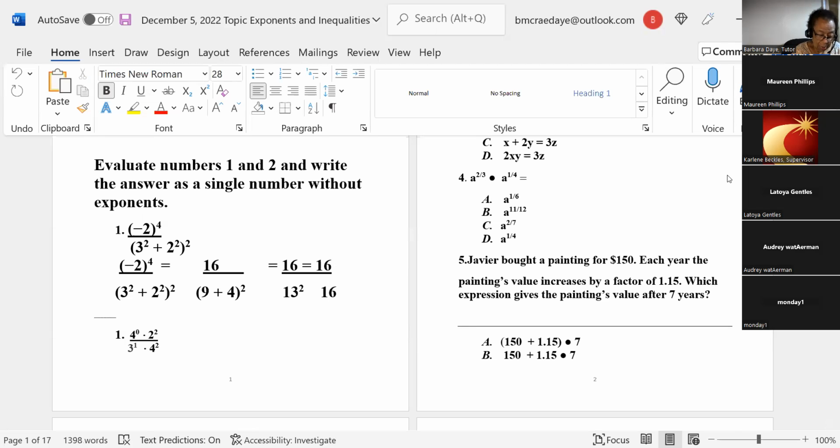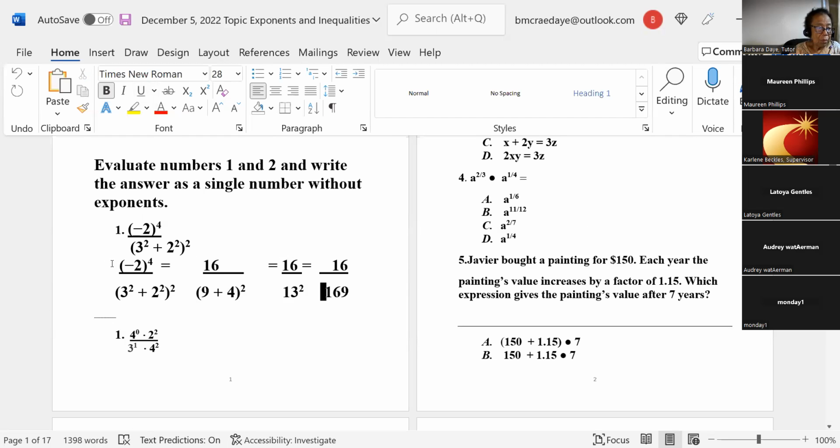Let's just put that there. And take out the underline. You don't need it under the equal. And 16 over 169. Is that what you had, Maureen, right? Yeah. Okay.